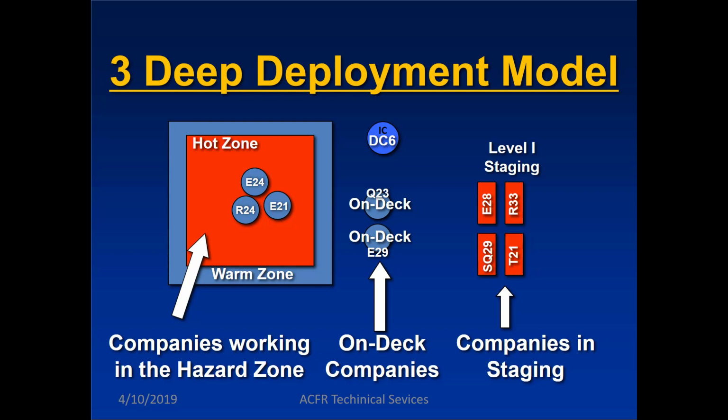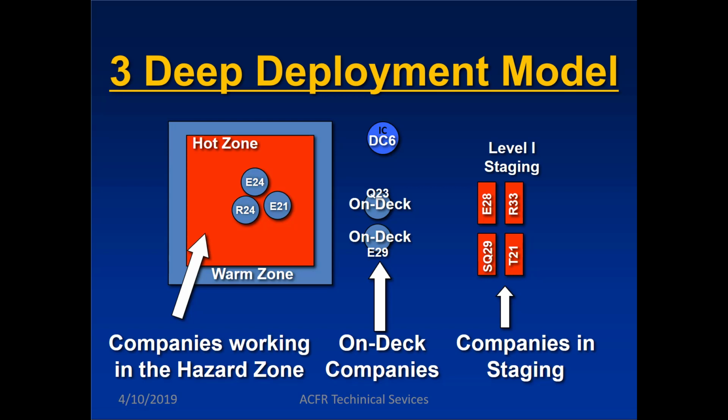So you may have, as it shows here, Quint 23 on deck and Engine 29 on deck. These are companies that are ready to go in and replace Engine 24, Engine 21, and Rescue 24 as their air consumption reaches a lower amount, or they may have to come out and rehydrate, something to that nature, or to go in and act as a RIT team.